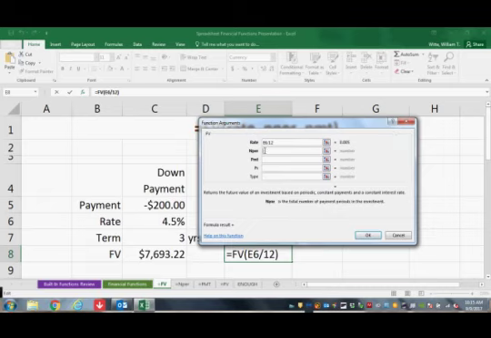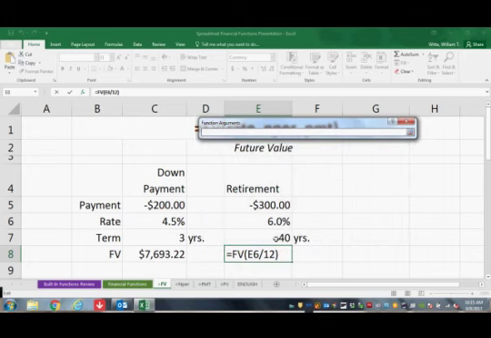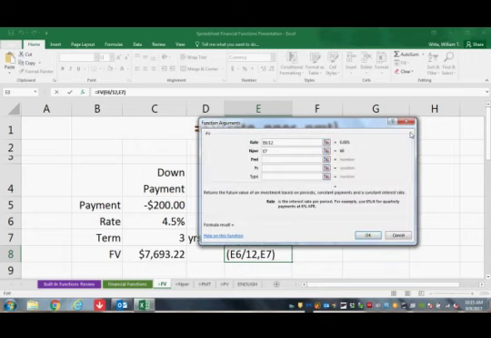Now, the number of periods, I'm going to point to the term, which is 40 years, and come back, but the NPER is the number of periods, not the number of years. So I'll have to take the number of years and multiply it by 12.